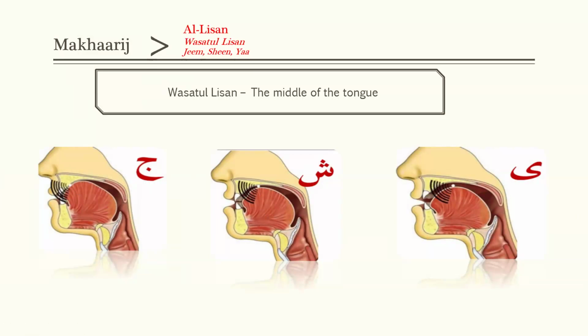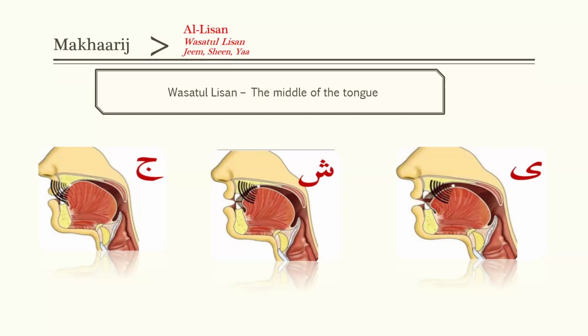With sheen, it's such a little gap that when you're pronouncing the letter sheen, it seems like you are almost touching. It's quite an easy articulation point, and it is quite an easy letter.